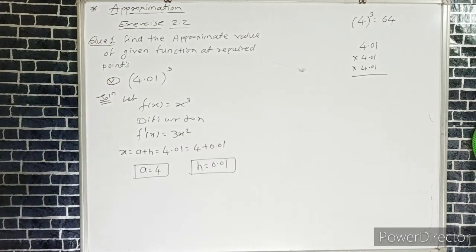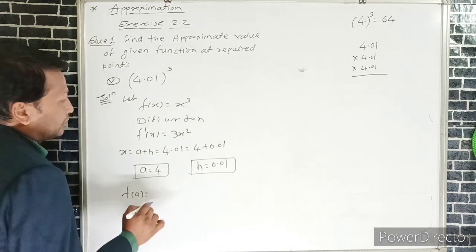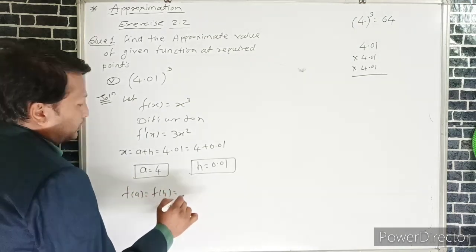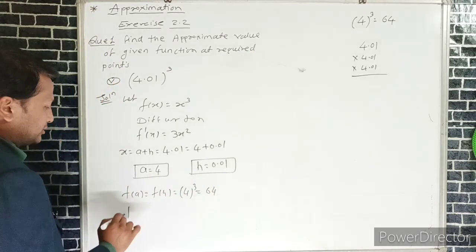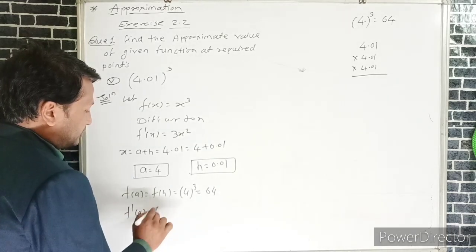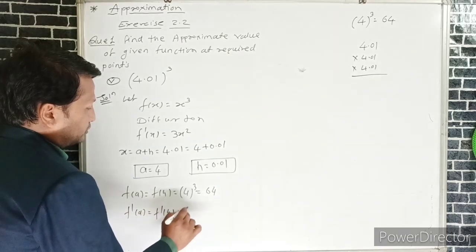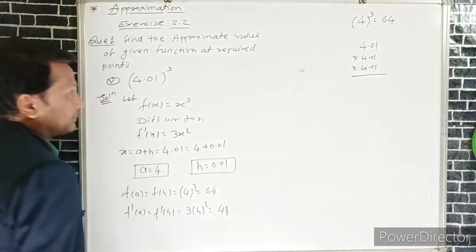From the above condition, f of a, which is f of 4, which is 4 cube, is 64. F dash of a, which is f dash of 4, is 3 into 4 square, which is 48.